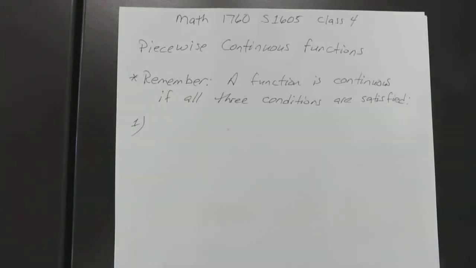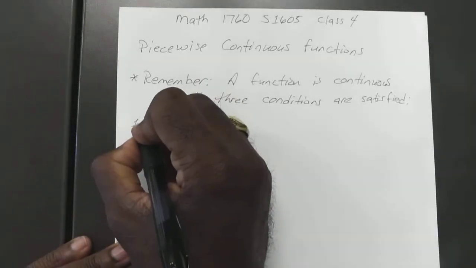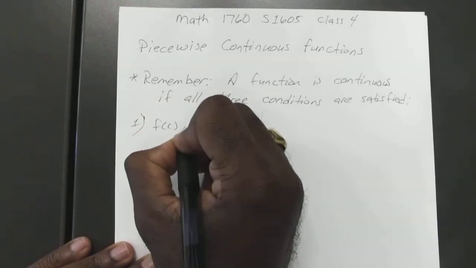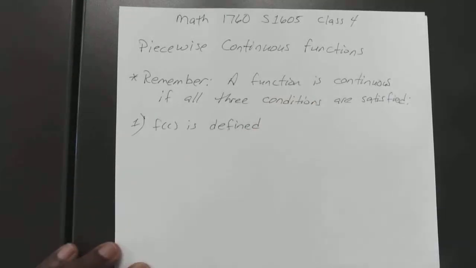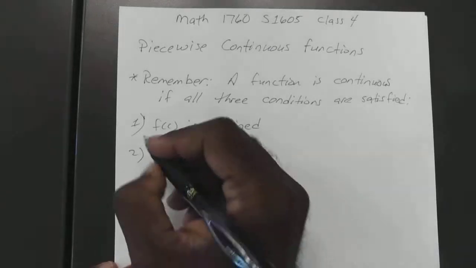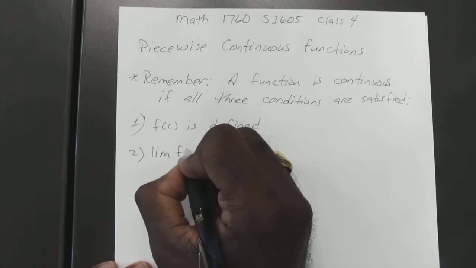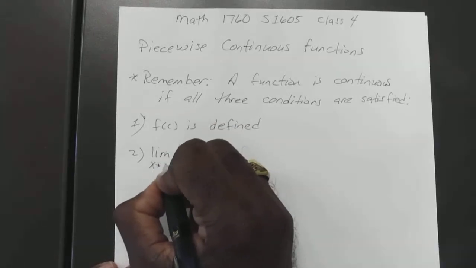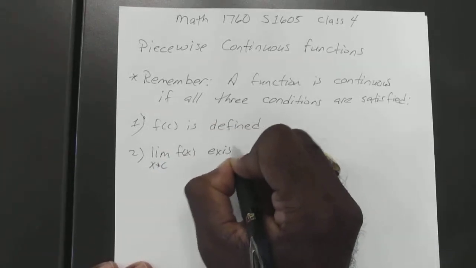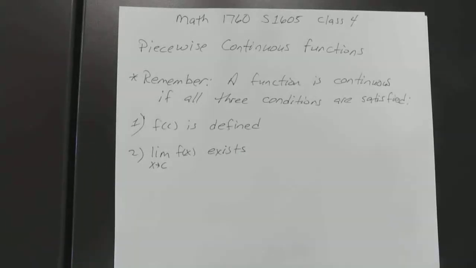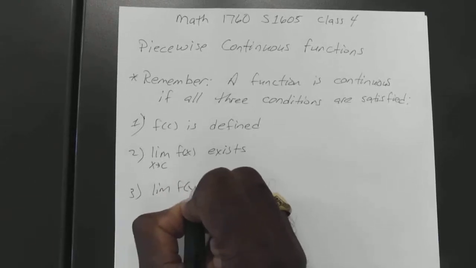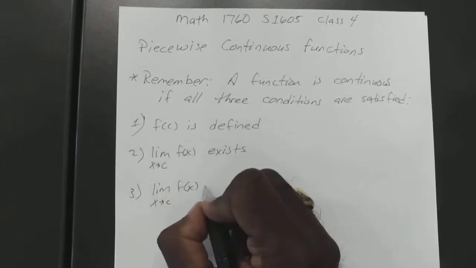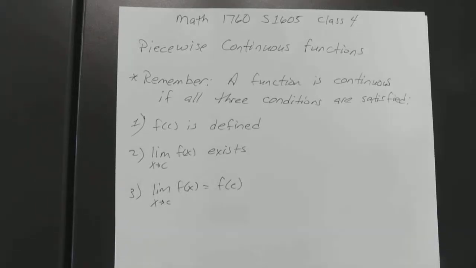First, remember it has to be defined at c, so f of c is defined. Second, the limit has to exist. And third, the limit of f of x as x approaches c has to equal f of c.